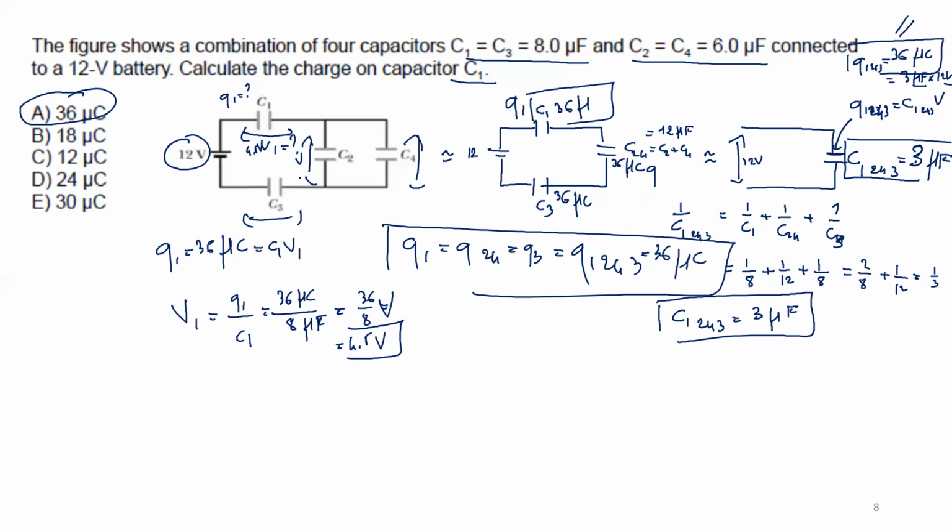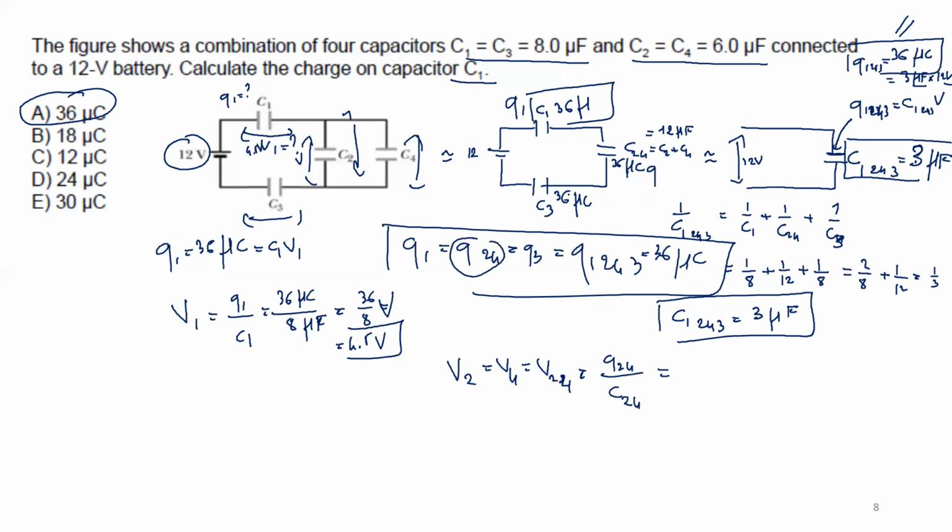Now, what about V2? How do I get V2? Well, you know that V2 is equal to V4 because they are in parallel. Okay, and it's equal to V24, and it's equal to Q24 divided by C24. Now, what is Q24?